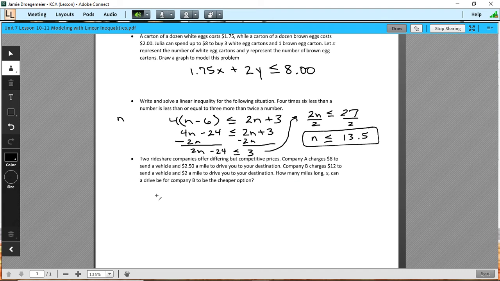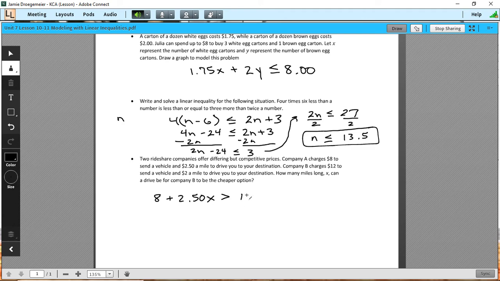All right, so if we look at company A, they're charging $8 plus $2.50 per mile. So $2.50 times X, our number of miles. We want to know, when will company B be cheaper than that? So we are looking for, when is this going to be greater than company B?